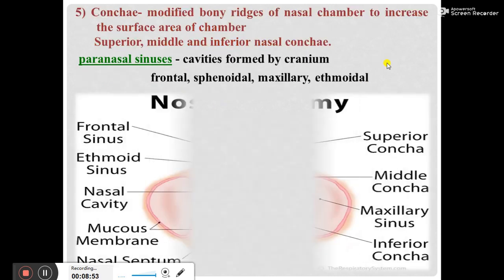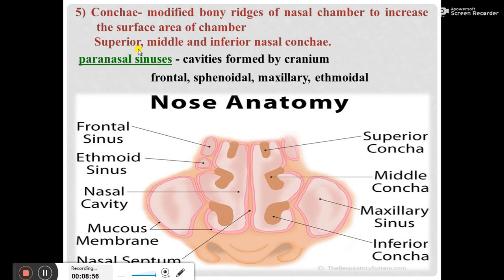Next is the concha. The nose also shows some bony ridges and cavities made by the cranium. What is a concha? Conchae are the modified bony ridges of the nasal chambers. And why are they important? They help in increasing the surface area of the chamber.